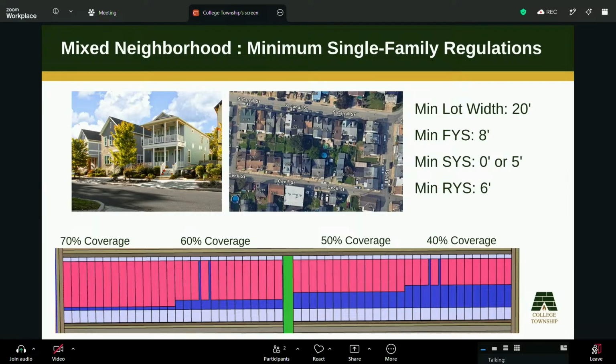Minimum front yard setback of 8 feet. Minimum side yard, again, the 0 or 5, and the minimum rear setback of 6. This time, the lot coverage maximum, I'm sorry, would be 70% for single-family residential. And you can see those densities down below.